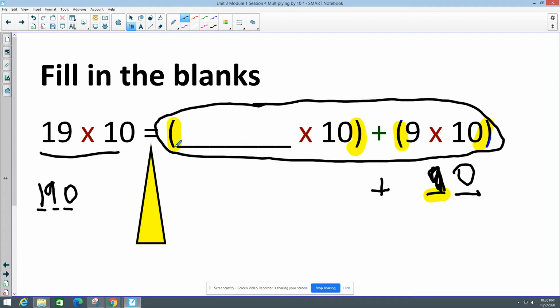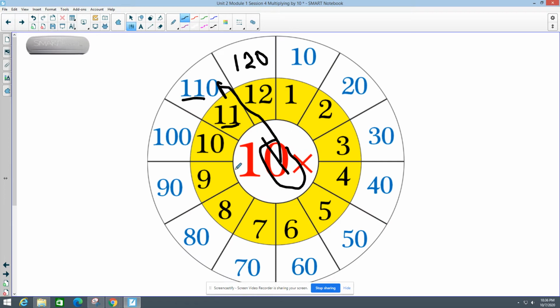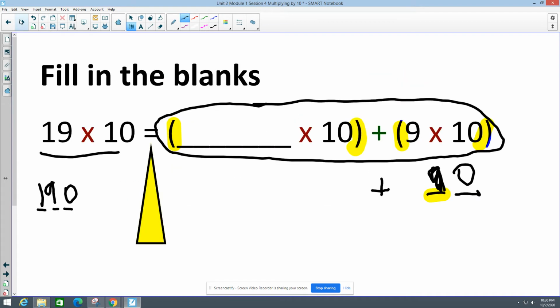So I've got to think, blank times 10 is 100. Well, that's a basic fact we remembered from the beginning when we did it. Right here. Where's 100? Oh, times 10. So this has to be 10 right here.